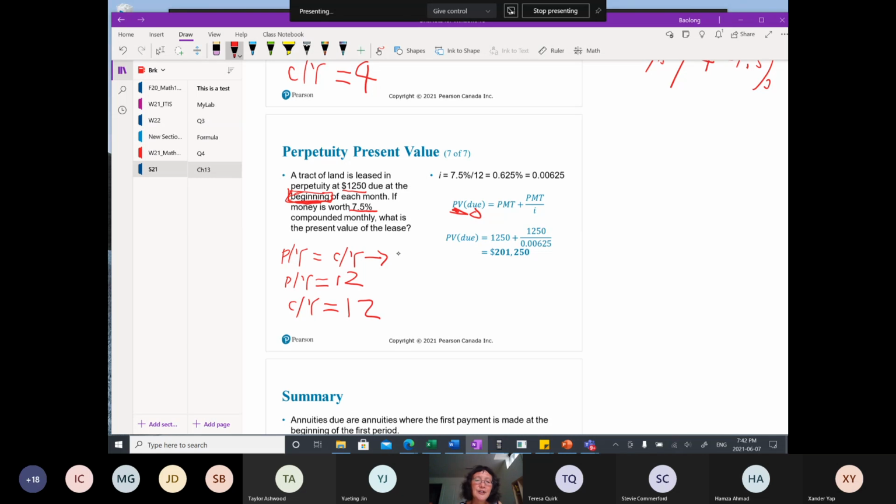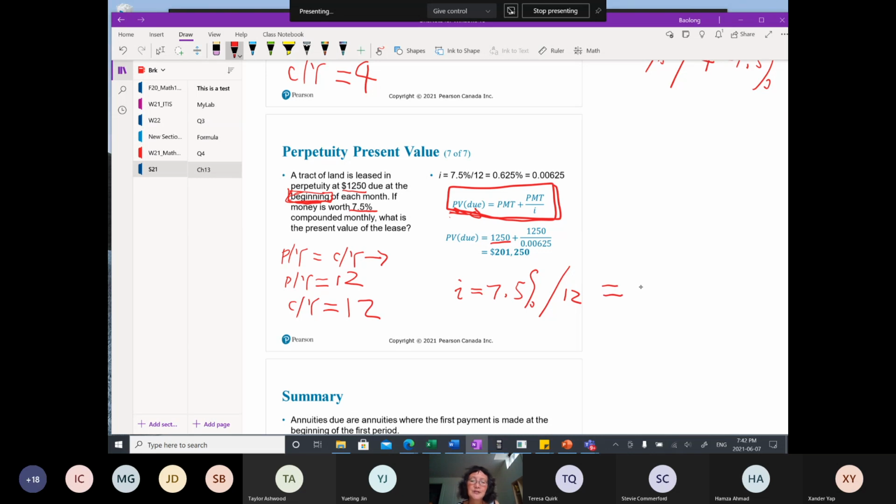This is a simple perpetuity due. So that's why you use this formula. It is a simple perpetuity due, and plug in the PMT. The rate is 7.5% compounded monthly, so you have to divide it by 12.